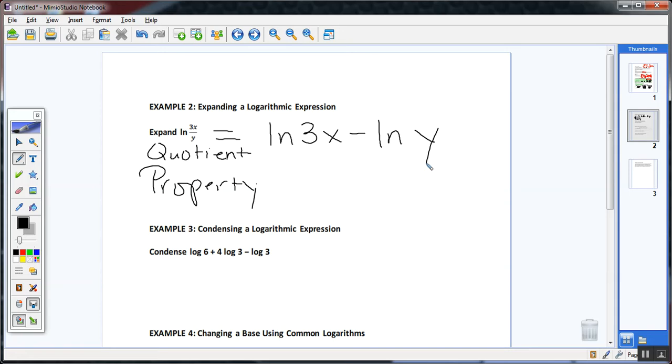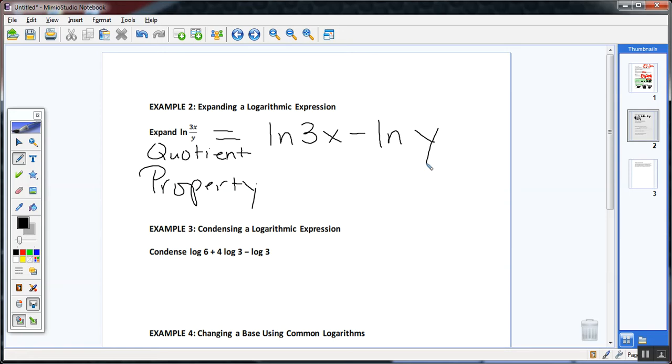If expanding a logarithmic expression means start with one logarithm and write it as multiple logarithms, whether it's adding or subtracting or multiplying, then condensing must mean what? Make it into one.